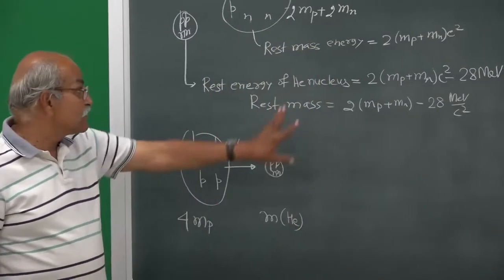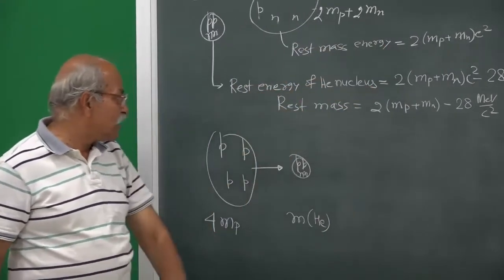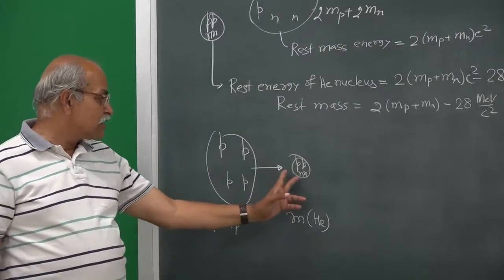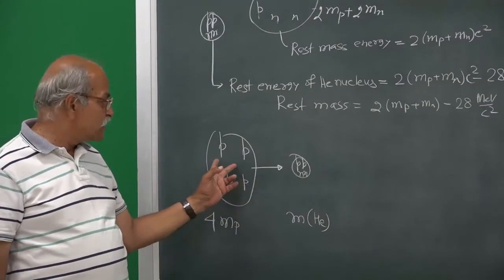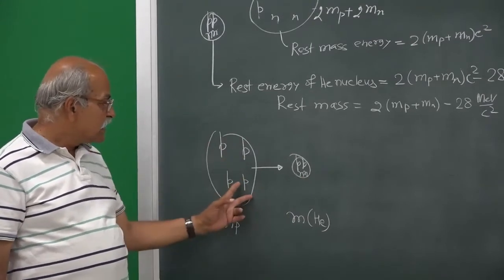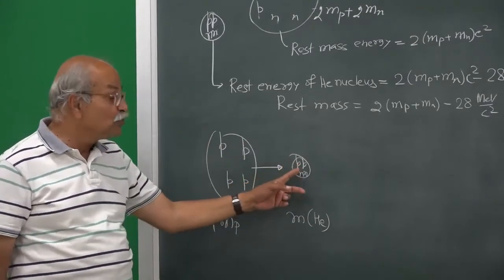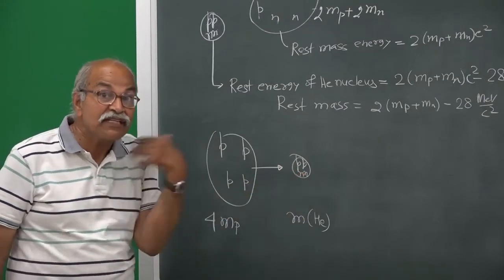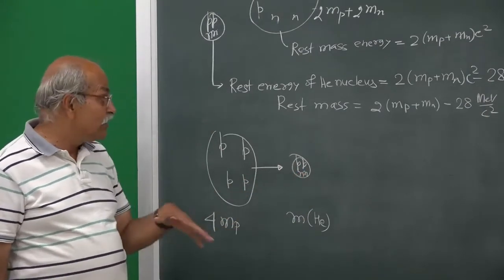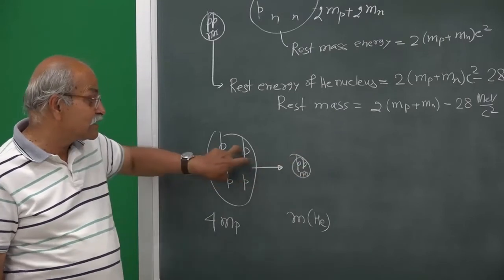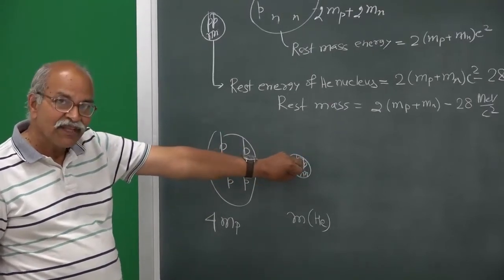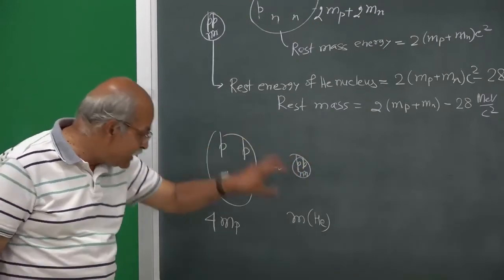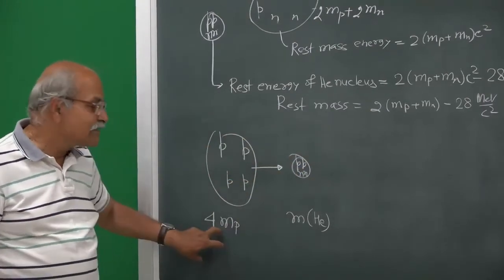So, if I do not look at all these things, I would believe that this rest mass is more than this rest mass, because here you have all 4 protons and here you have 2 protons and 2 neutrons, and neutrons are heavier than protons. You may think that this rest mass is more than this rest mass, but no, because of this bonding, this rest mass is less than this rest mass.